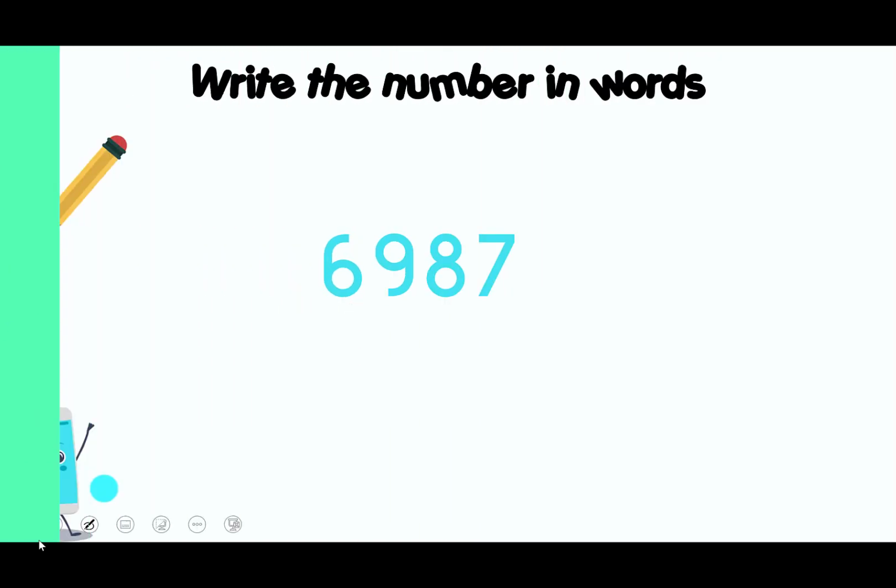So here I have 4 digits, 6, 9, 8 and 7. And in that order, I can read the number and I want to write the number in words. Now, if you can't read that number very easily straight away, here's a little trick for you. I start from my ones and I count in 3 places and I put a little comma.